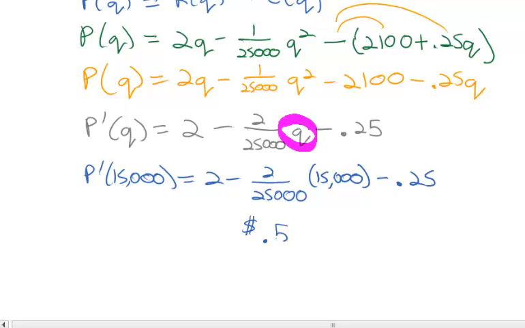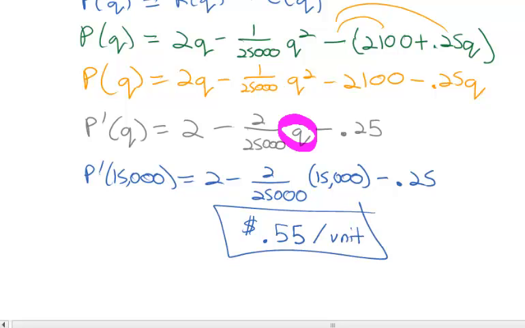And when we do, we get 0.55 or 55 cents per unit. So every unit we produce is going to increase, at this point, our profit by 55 cents. That's going to change as we get farther and farther from 15,000, but as we're close to 15,000, the profit is going to be changing at a rate of 55 cents per unit.